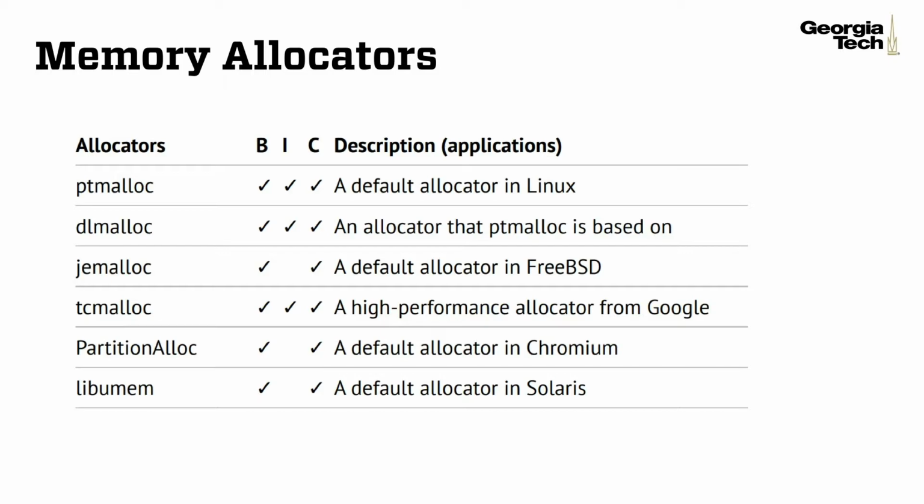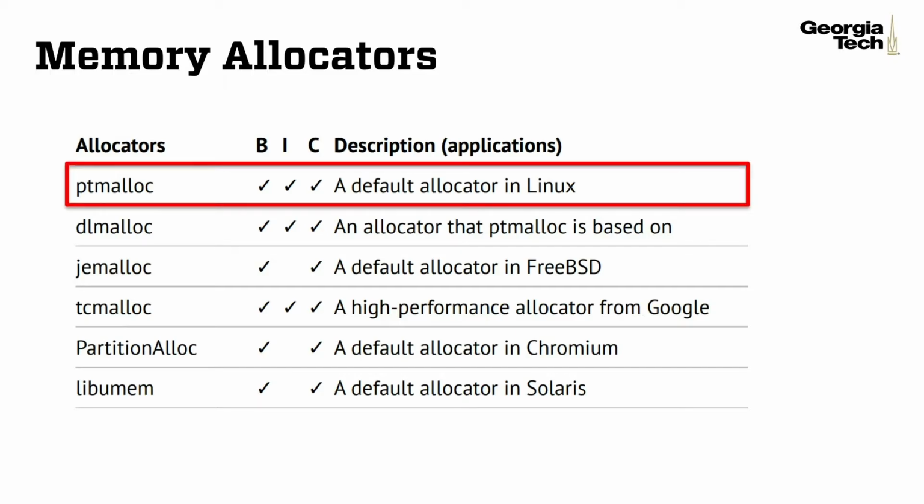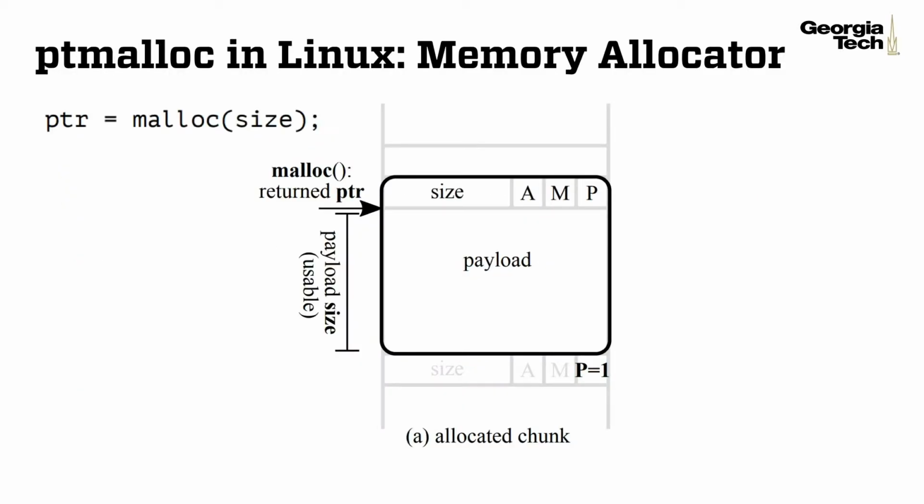There are various types of heap allocators having different goals for different usage and workload. But in this lab, we mostly focus on the default allocator in Linux, ptmalloc. In ptmalloc, when an object is allocated, it will reserve a memory region for the payload as well as the metadata.